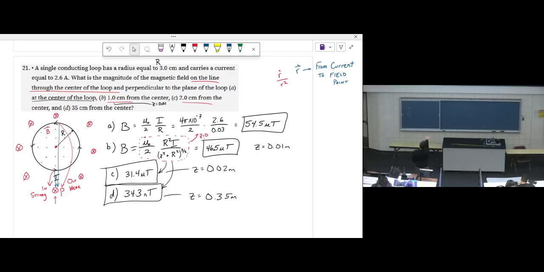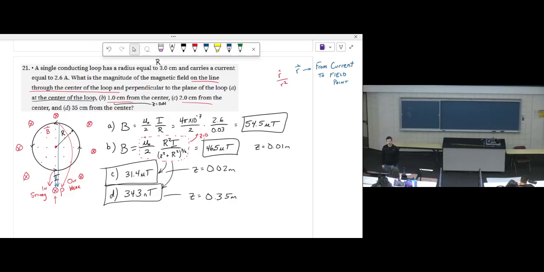On the bottom of the current loop, I go to the right and reach up towards the center, my palm points out. If I go to the right side of the loop, the current's going up along with my thumb, but I reach to the left, it's still coming out of the screen. No matter where you look all the way around that loop, it's coming out of the screen.